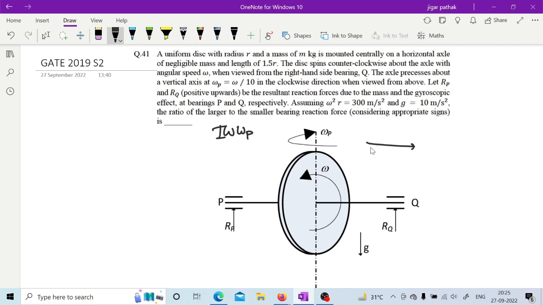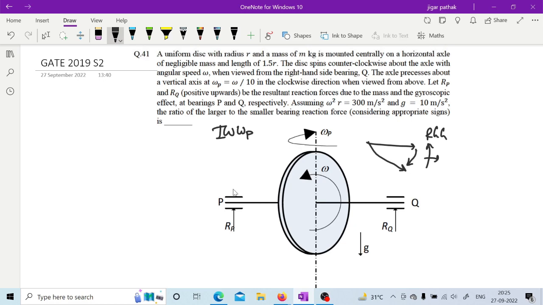Then it is having this rotational motion about this precession axis, right? And because of that you will have some reactive gyroscopic couple generated, right, which will again be in this direction. Sir, I am getting 1.5.